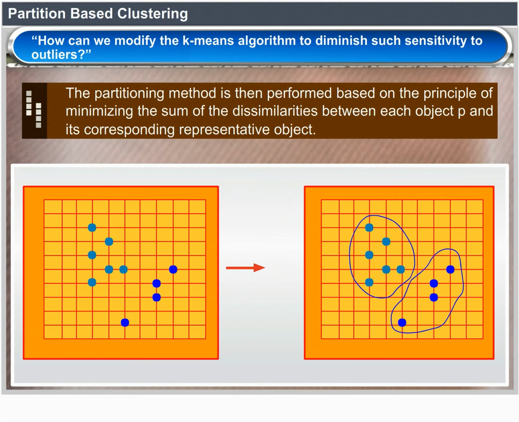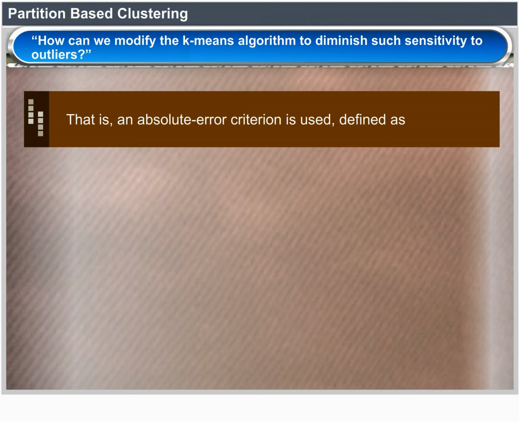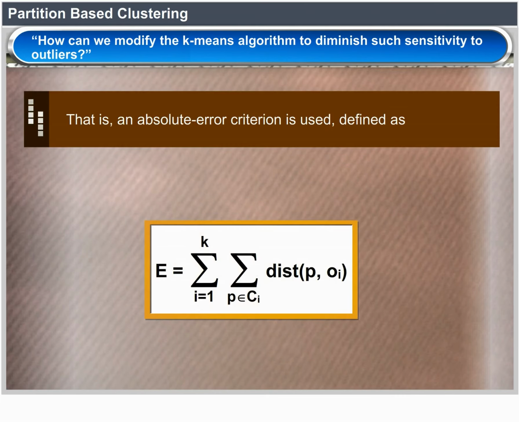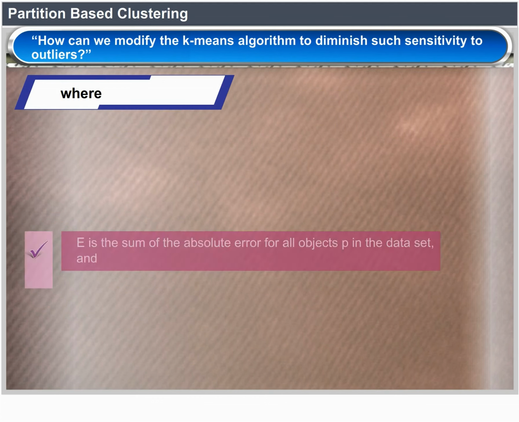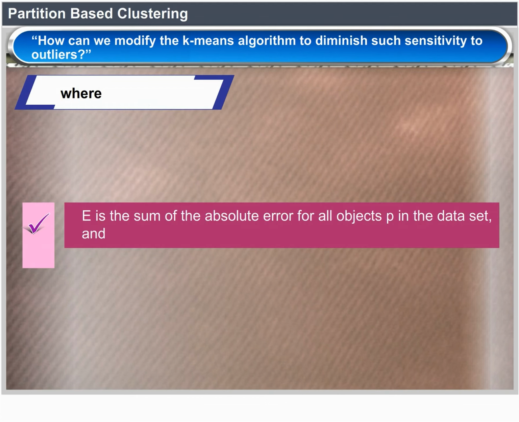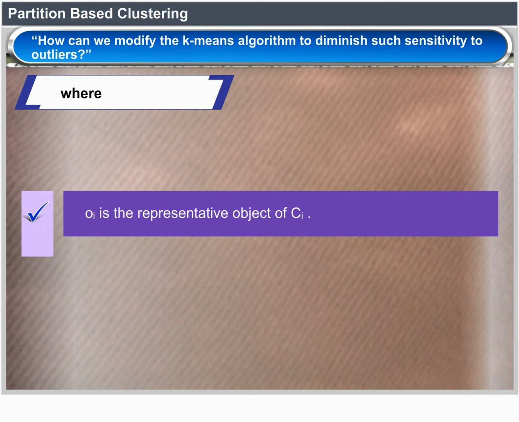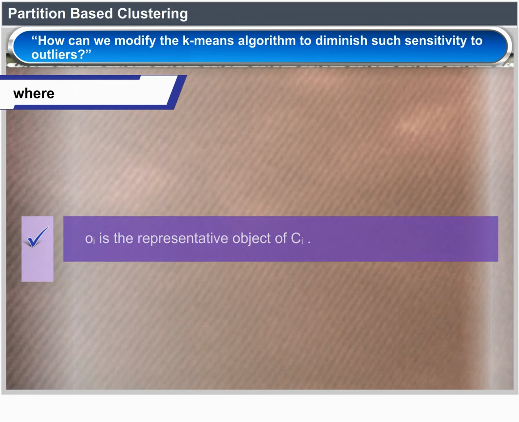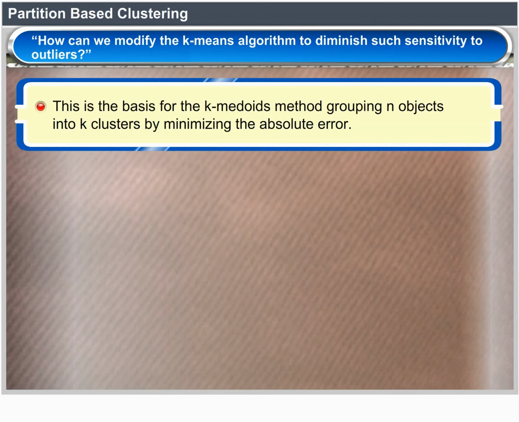That is, an absolute error criterion is used, defined as E = sum over i = 1 to k, sum over p in Ci, of distance(p, oi), where E is the sum of the absolute error for all objects p in the dataset and oi is the representative object of Ci. This is the basis for the k-medoids method, which groups n objects into k clusters by minimizing the absolute error.